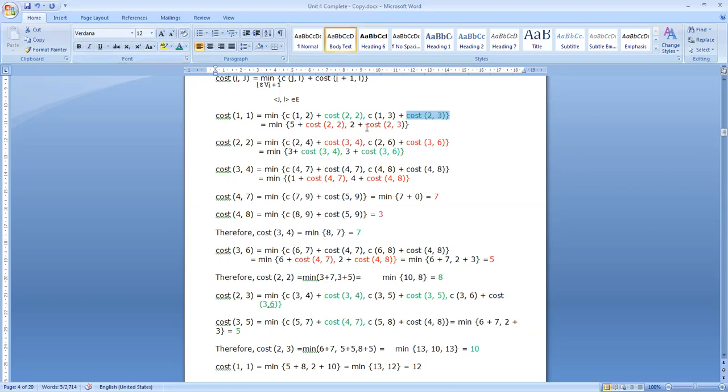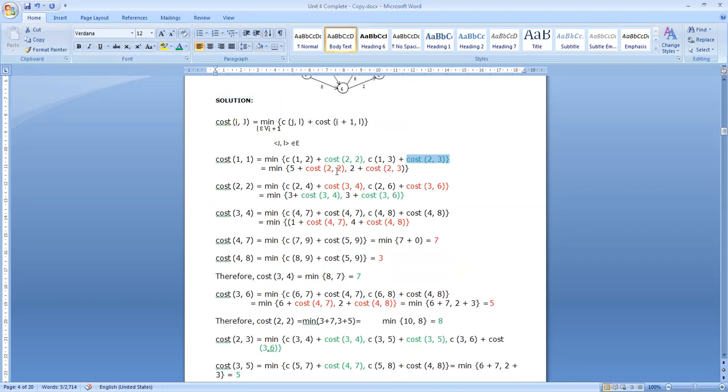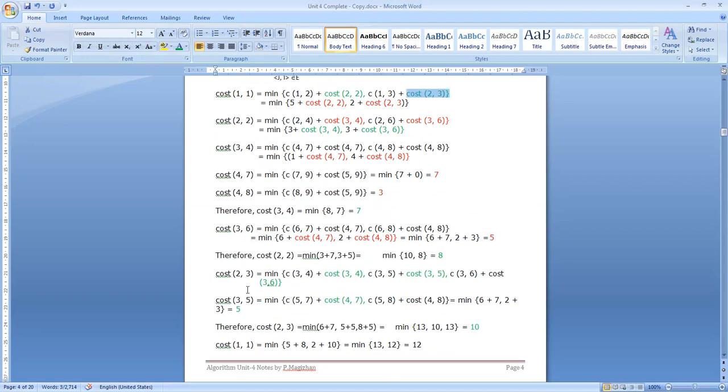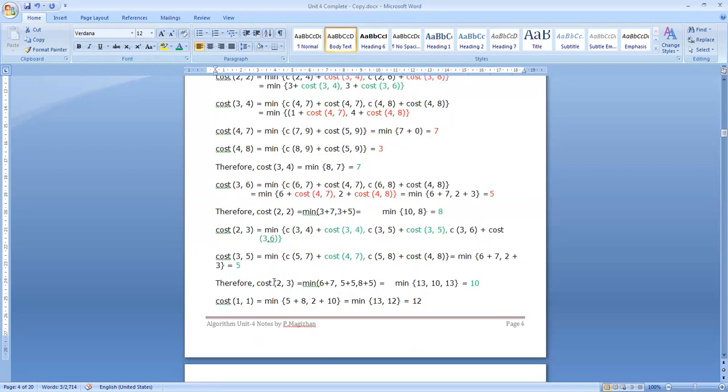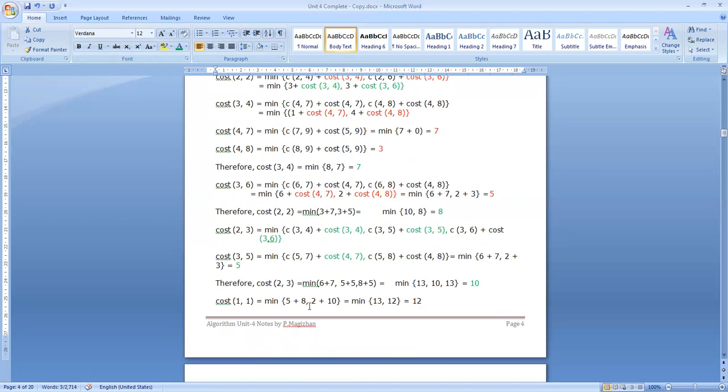Now I supply these values here to get cost of 1 comma 1. So cost of 1 comma 1 is equal to 5 plus cost of 2 comma 2, which is 8, so 5 plus 8; then 2 plus cost of 2 comma 3, which is 10, so 2 plus 10.